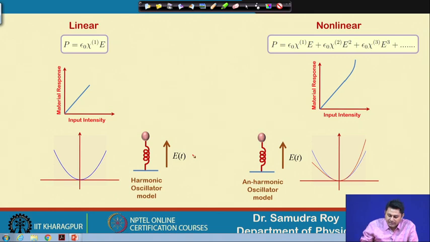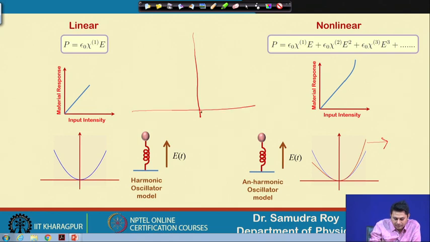So, if I draw a potential here, this potential defined by this red line is some sort of anharmonic potential. This anharmonic potential is not symmetric, some kind of asymmetry is there. If I draw, it should be something like this.